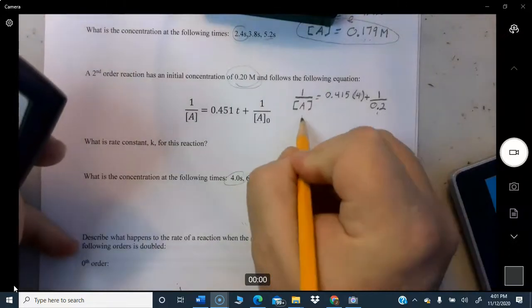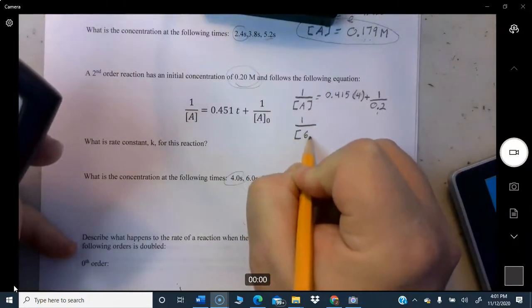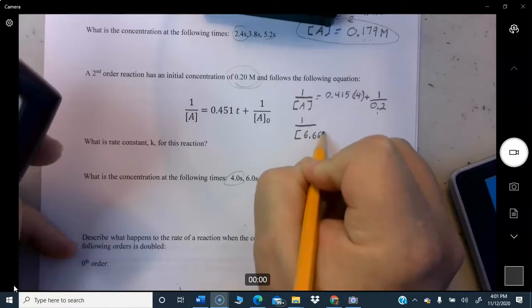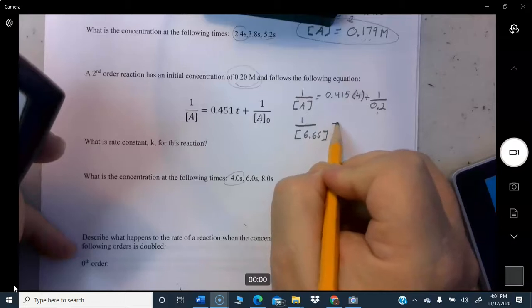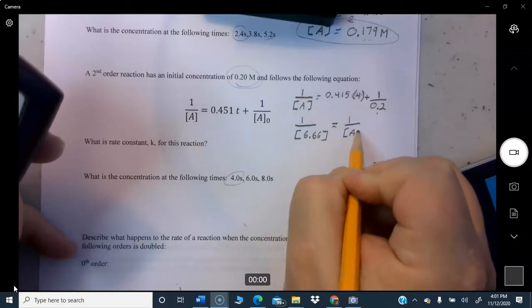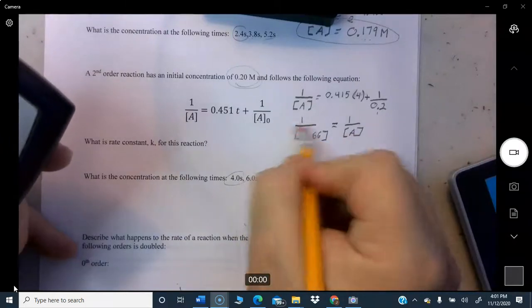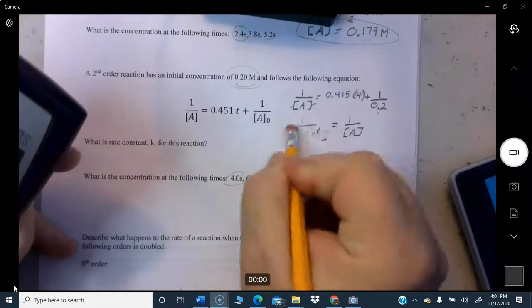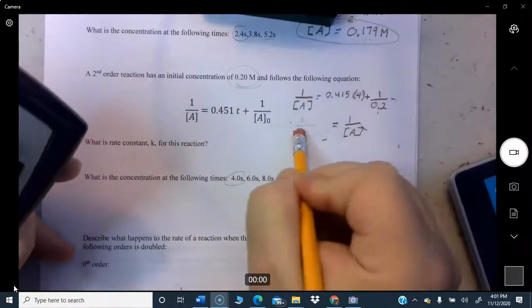So what I get for this equals 1 over A. I goofed on that. It's 6.66 is the answer to all that. So that equals 1 over A.